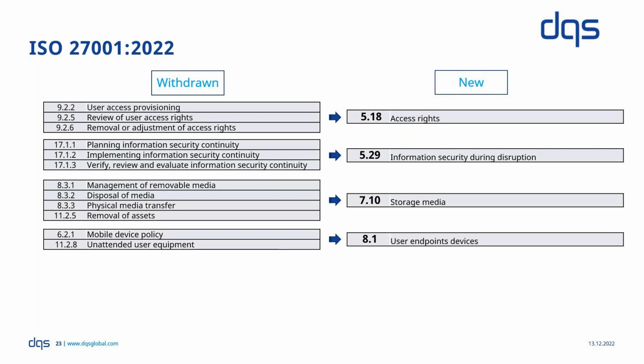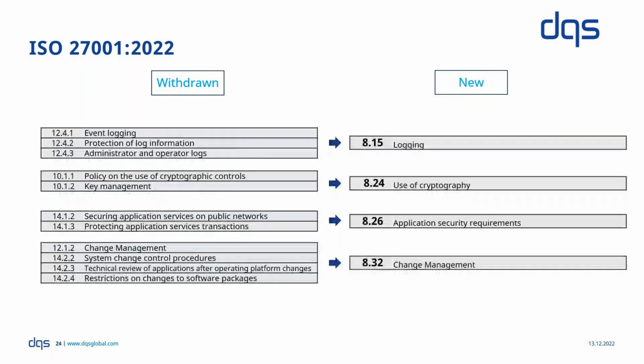Or let's look at the bottom example, 6.2.1, mobile device policy, and 11.2.8, unattended user equipment, are merged into 8.1, user endpoint devices. This is the last slide on the 24 merged controls to complete the list. You get the idea how this will simplify your documentation.